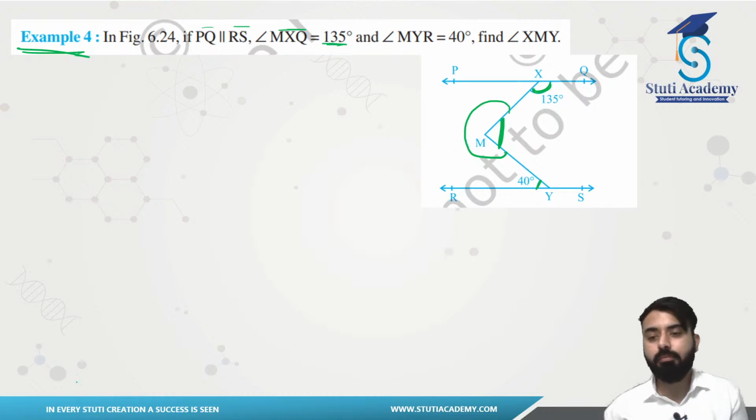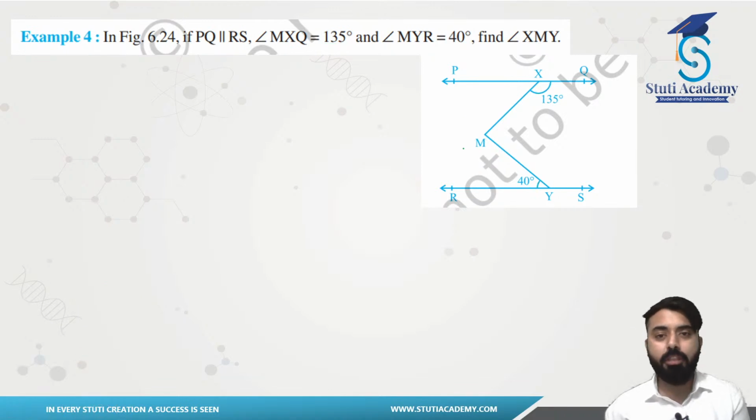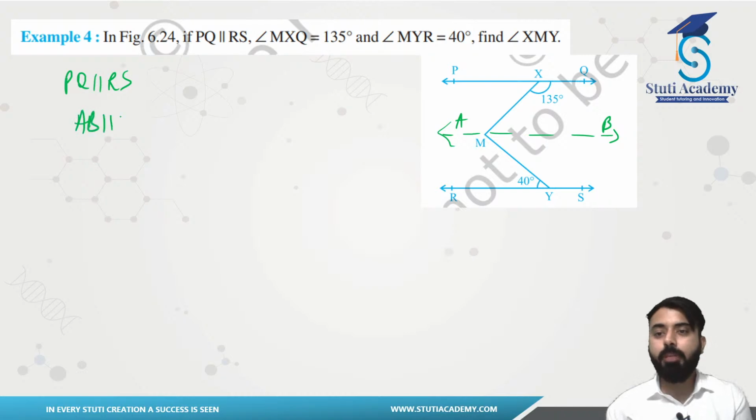So see, what will I be doing? I will be erasing this one. And see, for this method, since I cannot do it directly, I will be marking a line which is parallel to PQ and parallel to RS. And you guys already know PQ is parallel to RS, and let's say I have a line AB such that AB is parallel to only PQ.